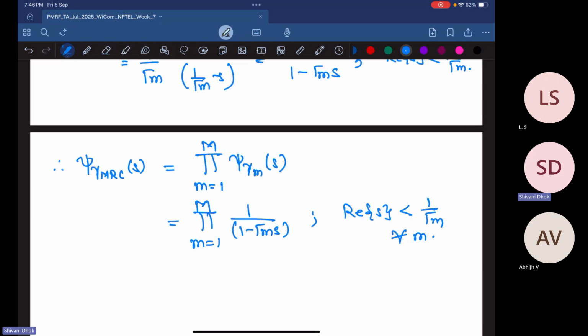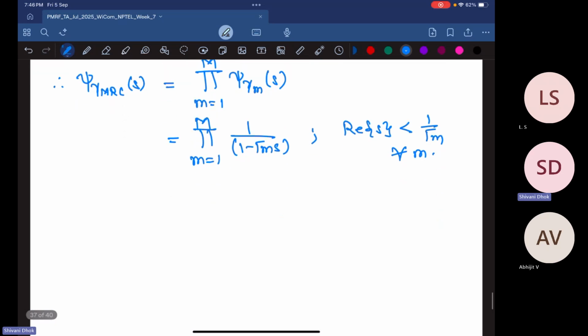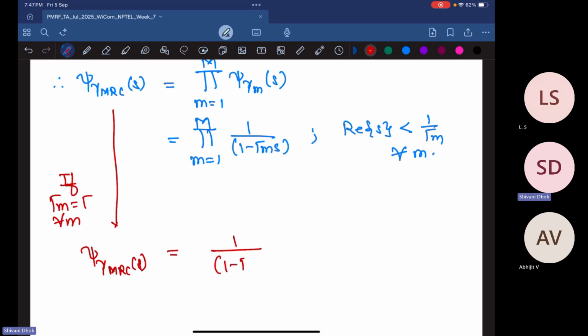Okay, so this is the moment generating function for gamma MRC. A special case is if gamma m equals gamma for all m, then psi of gamma MRC of s turns out to be equal to 1 over (1 minus gamma s) whole to the power M, and this region of convergence will become real part of s less than 1 over gamma. Is it clear? Any questions?